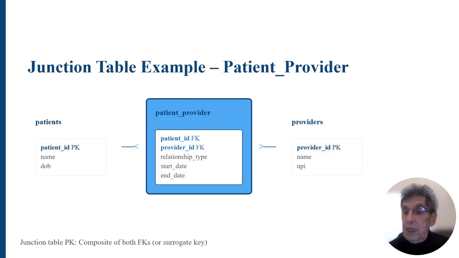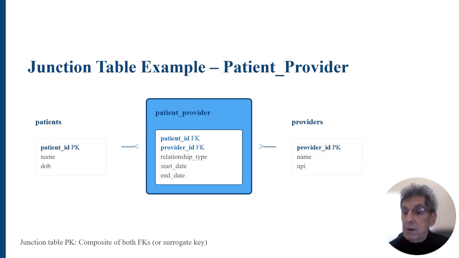So what's the primary key of the patient-provider? Well, you have options. Option 1 is a composite primary key. This combination of the patient ID and the provider ID becomes the primary key. This means a patient can only have one record per provider, which might be what you want. Option 2 is to have a surrogate primary key.